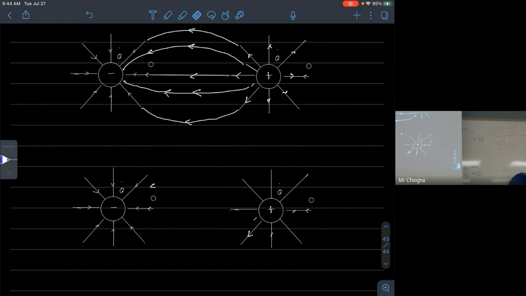Okay, if they're both negative, the field is towards the source.